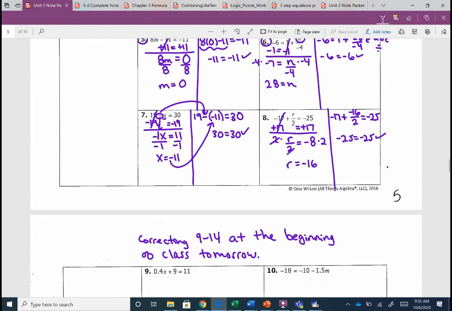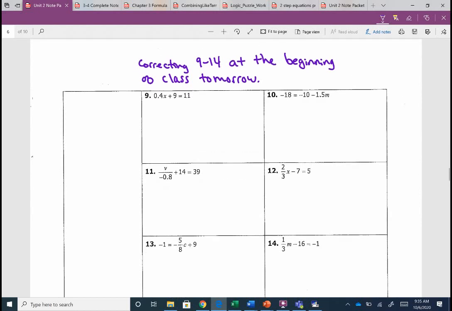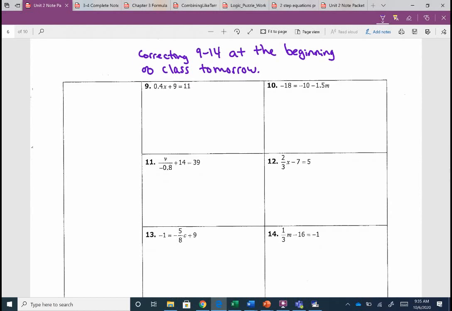So just 9 through 14, we're going to correct those at the beginning of class tomorrow. And I know you're looking at those thinking, oh, but Miss Golly, I'm going to need help with these. There's decimals, there's fractions. Remember, guys, we worked with decimals and fractions when we did all the one-step stuff the last few classes. Our steps don't change just because there's decimals and fractions. So go ahead and try these out for tomorrow. We will go through them.